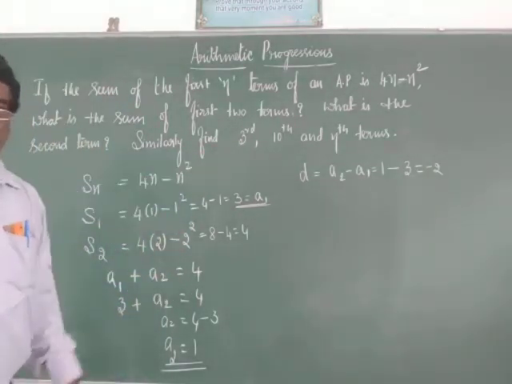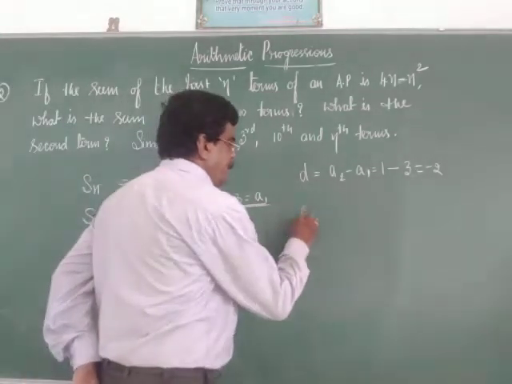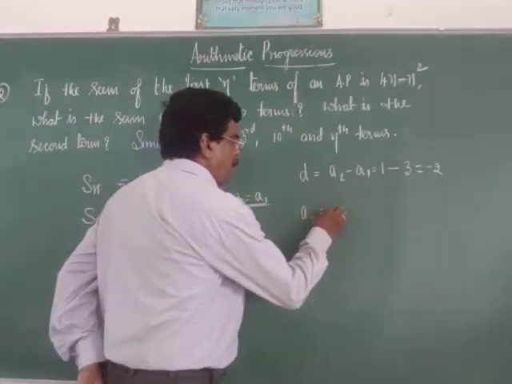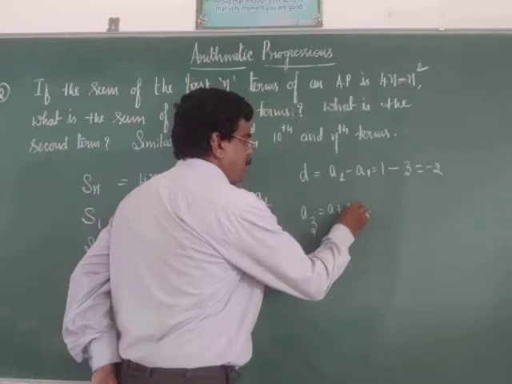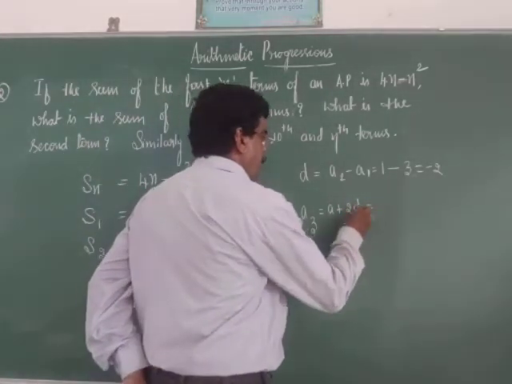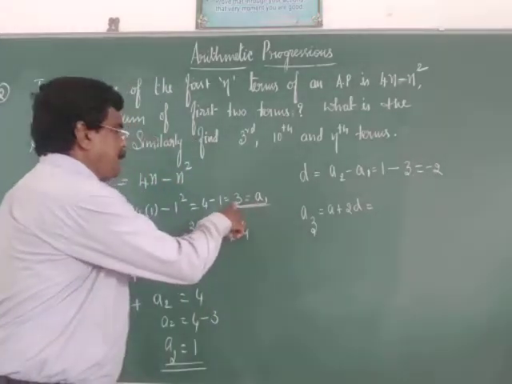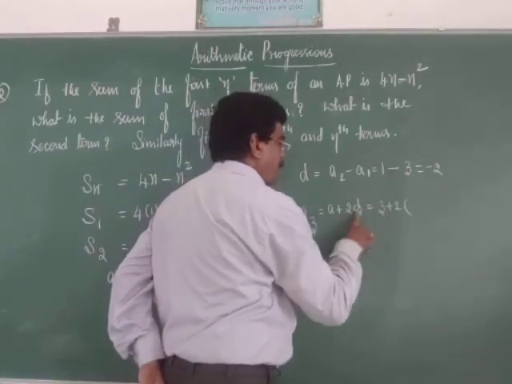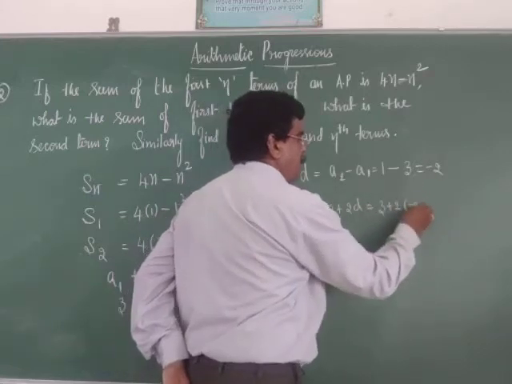So the third term means A3. A3 is how? A plus 2 times difference. So that is equal to A. A means the first term, here it is 3, plus 2 times difference. Difference is minus 2.